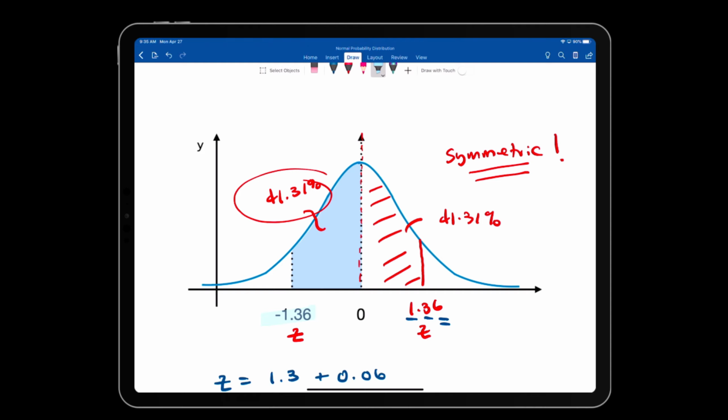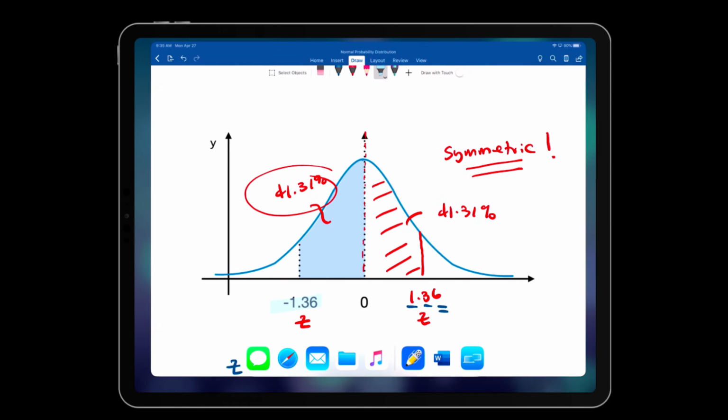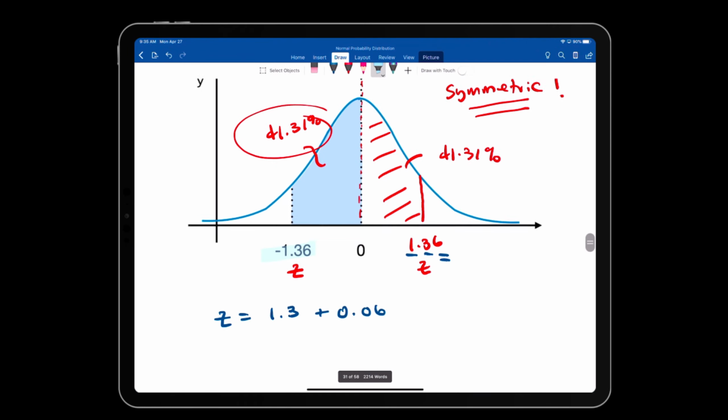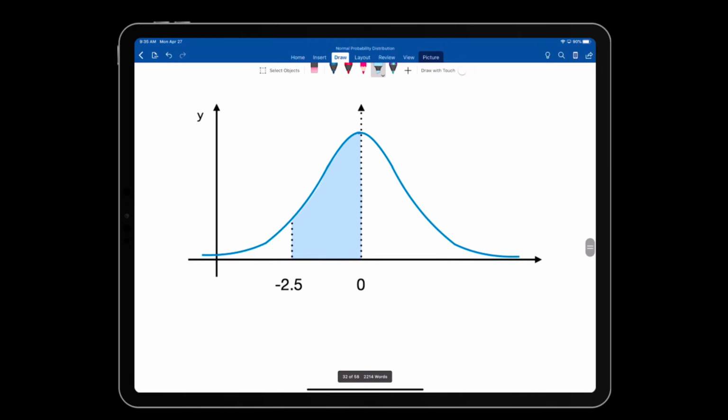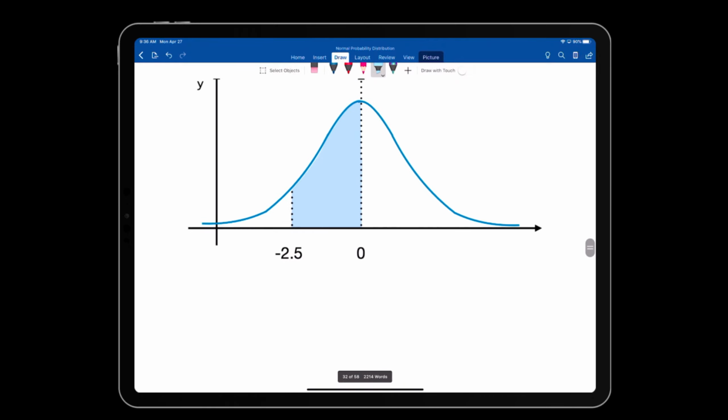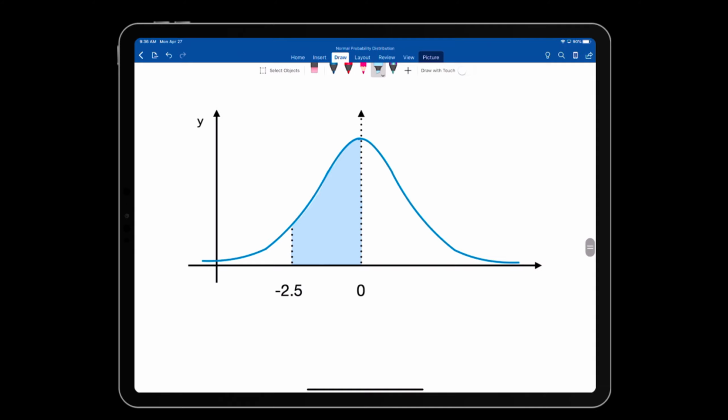See? Told you guys would appreciate this today. Glad you guys are back. All right. What percent of the ballot is shaded now? Same game. Like the last example, this is a negative. They want to know what percent of the ballot is shaded here. I'm going to use symmetry.